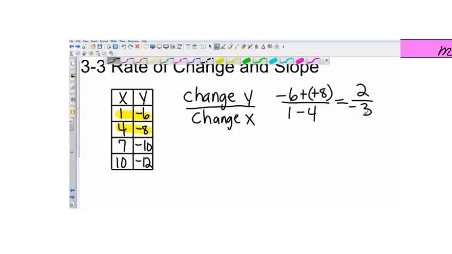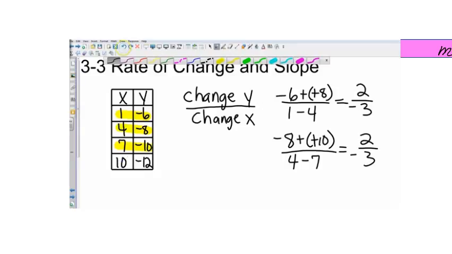Now let's go from the second one to the third one. We're going to have -8 minus a -10 all over 4 minus 7. So that's going to be plus. -8 plus 10 is 2. 4 minus 7 is -3. So far we're in good shape. Now we're going to compare the last two.